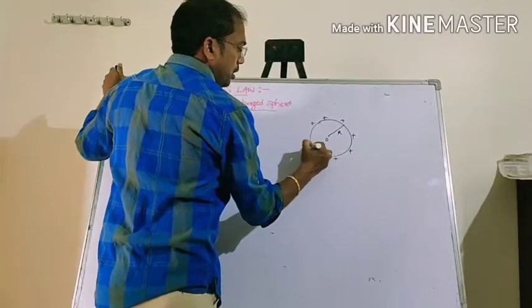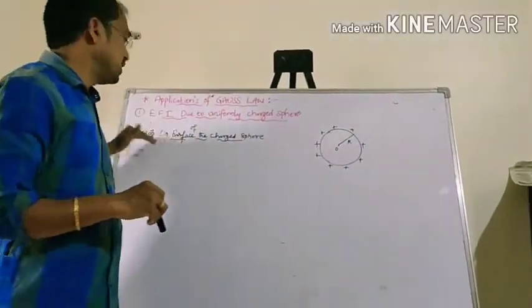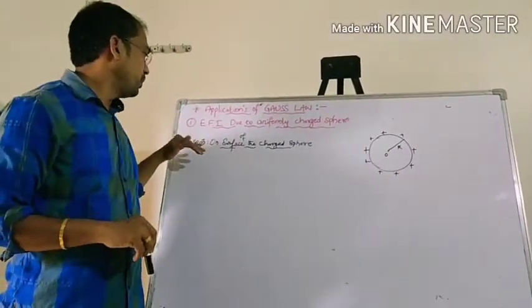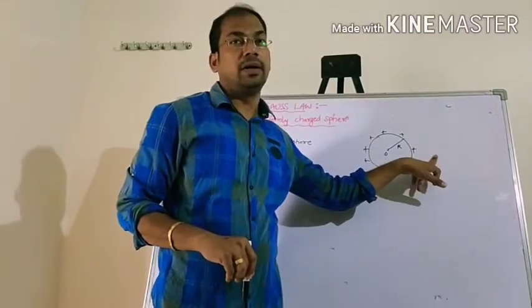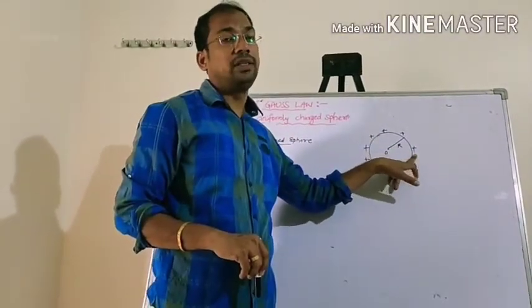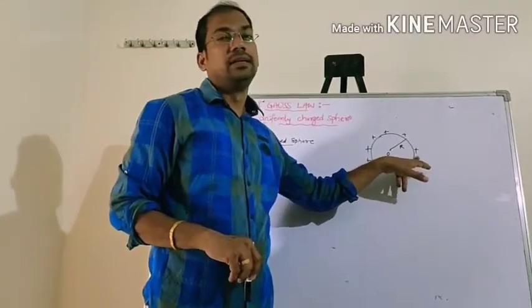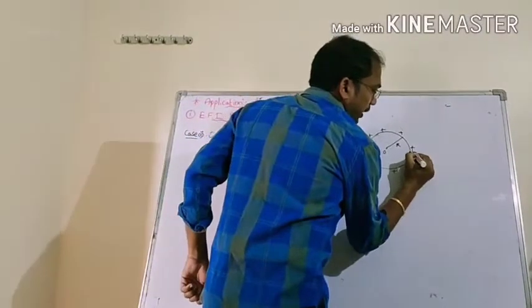In the first case we already found the electric field intensity outside the sphere. Now in the second case we have to find the electric field intensity at the surface of the charged sphere.